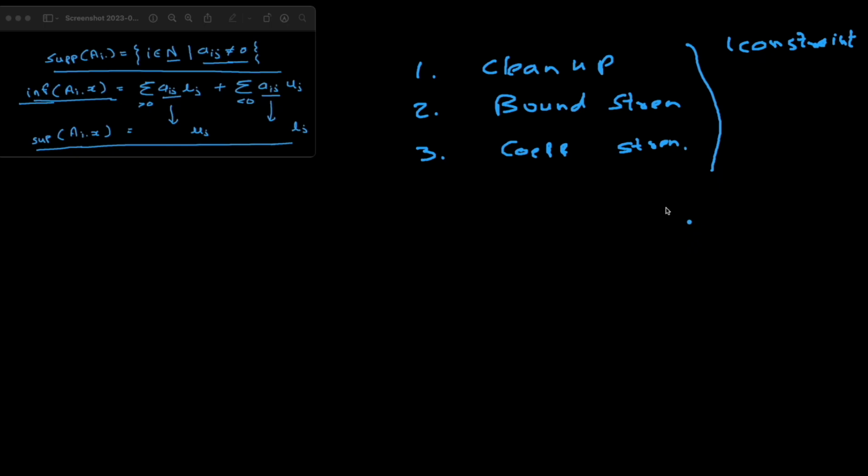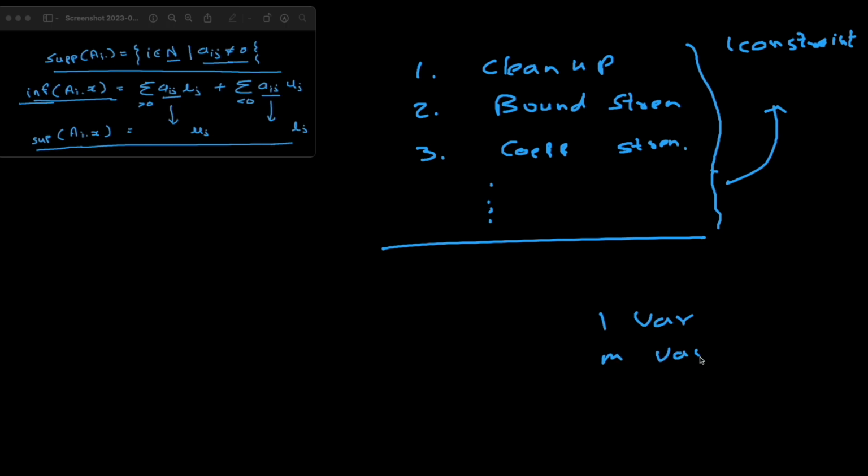Next we will see some more of these rules which still look at one constraint at a time. In the next parts we will also look at multiple constraints at a time, and then we'll look at one variable at a time, multiple variables at a time, the entire model, and all those things.